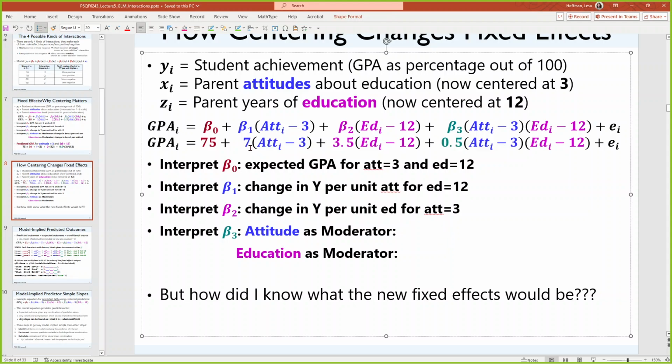So for attitude as the moderator, what do I type here? I'm interpreting the effect of education specifically in people with different kinds of attitudes. Do I start with change in y? No. Correct. No. What do I type instead?